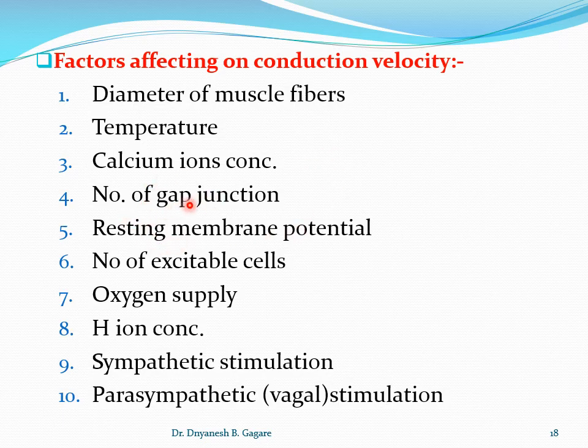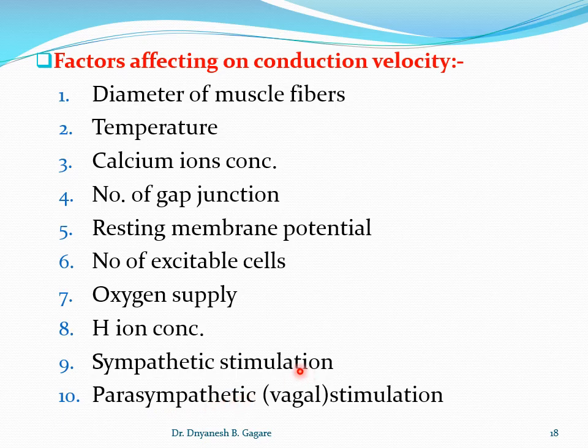The more the number of gap junctions, the more the conduction velocity. If the resting membrane potential is more negative, try to understand, then velocity is more. The more the number of excitable cells, the more the velocity. If oxygen supply is more, the velocity is more.